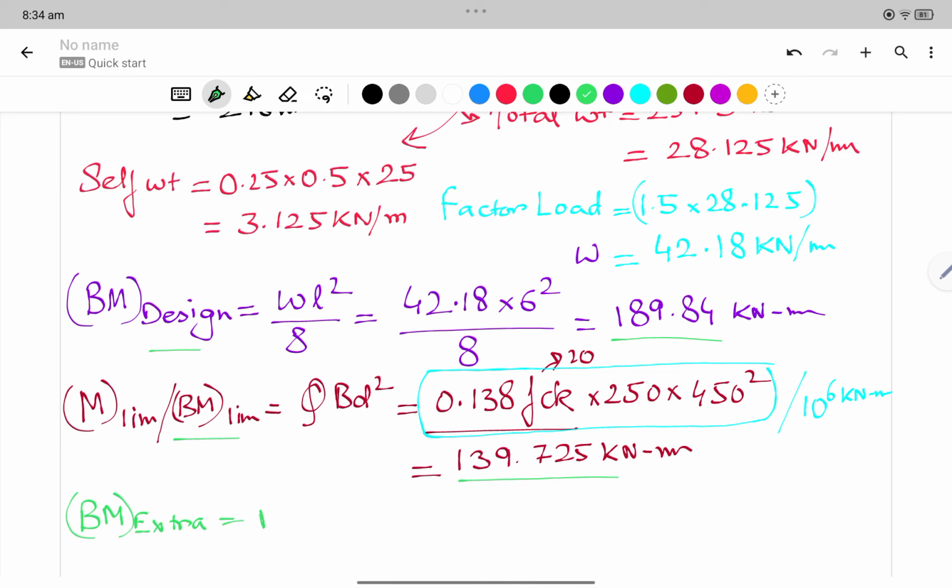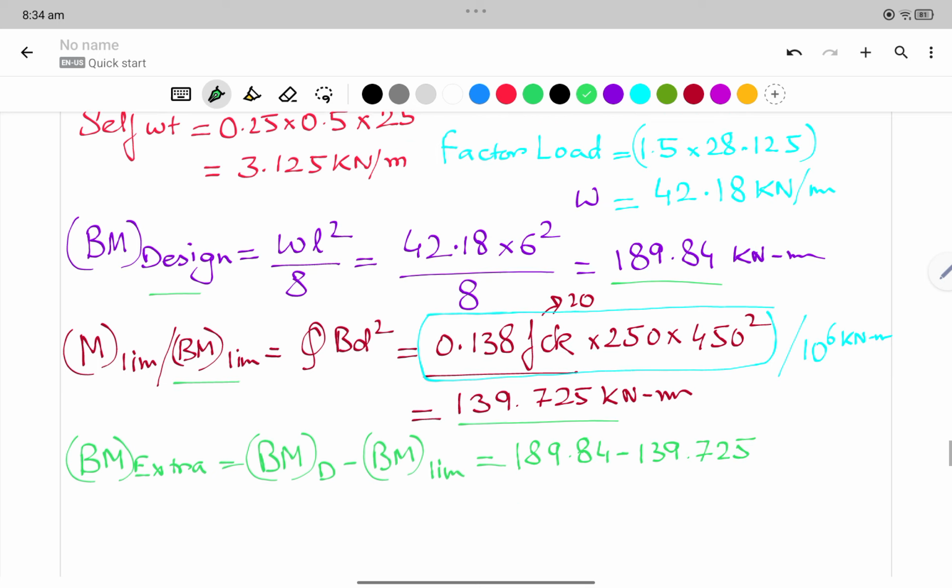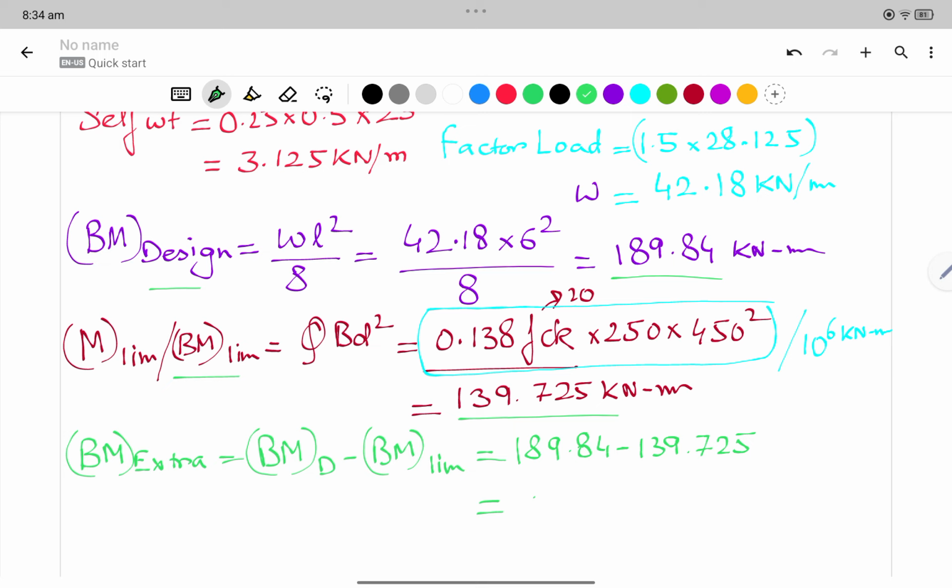We will subtract bending moment design minus bending moment limiting, 189.84 minus 139.725, that's coming to 50.12 kilonewton meter.